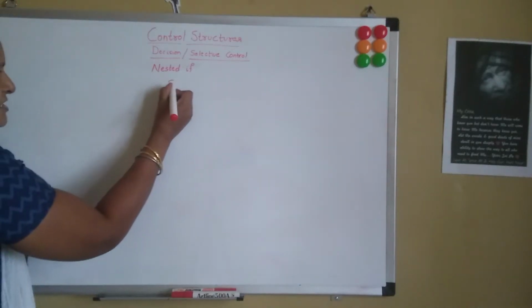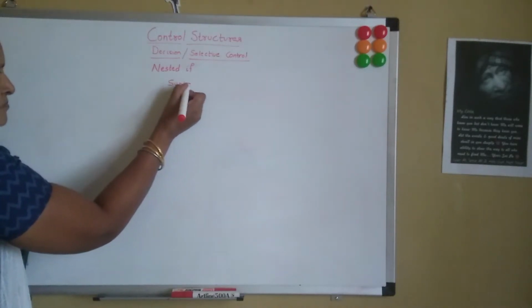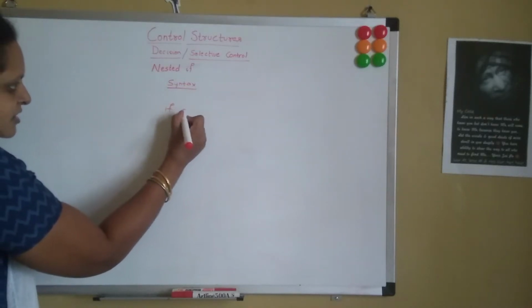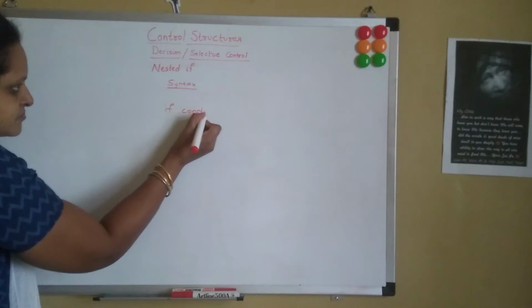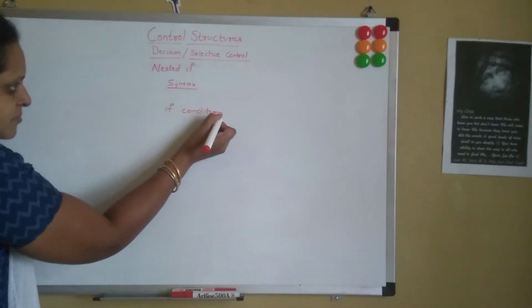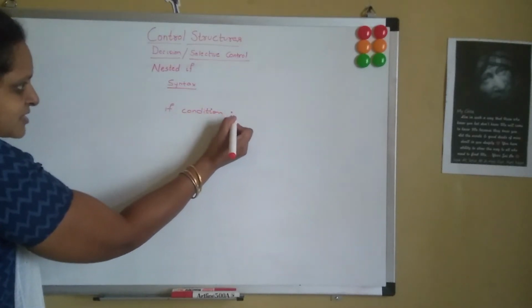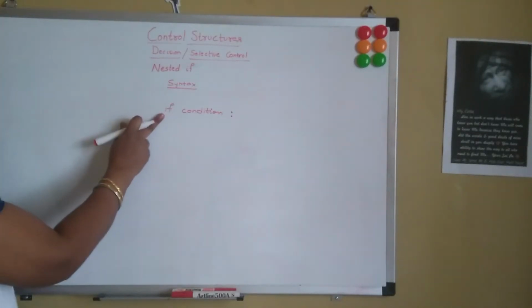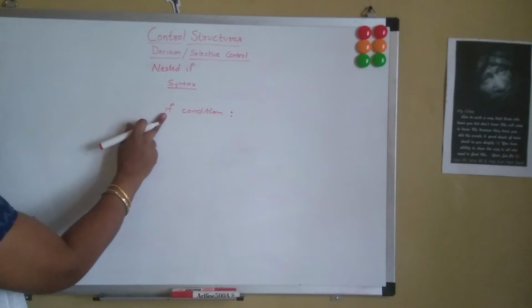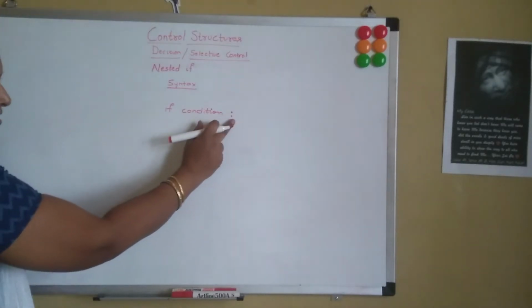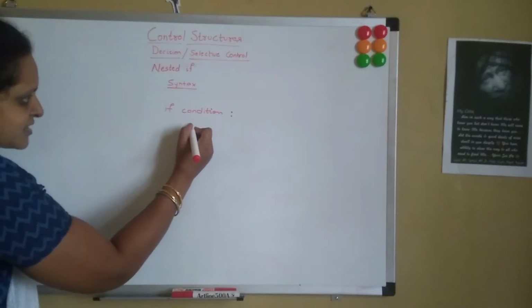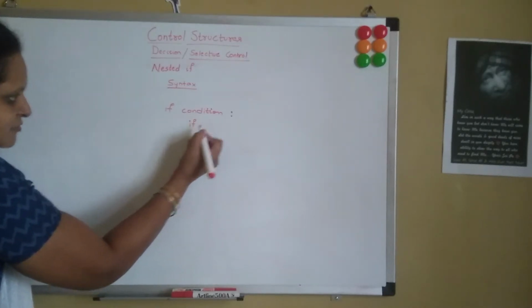The syntax for nested if is: if condition, and then we have to append it with a colon. So basically if is the keyword over here, we specify if condition and then colon, and once the condition is satisfied it enters into another if.